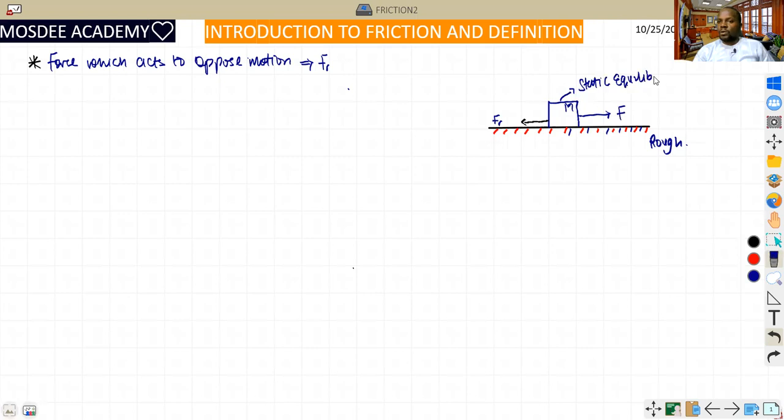So in a nutshell, forces which act to oppose the direction of motion of an object are called frictional force. And that force is due to some facts. One of the first causes of frictional force is the degree of roughness of the surface.